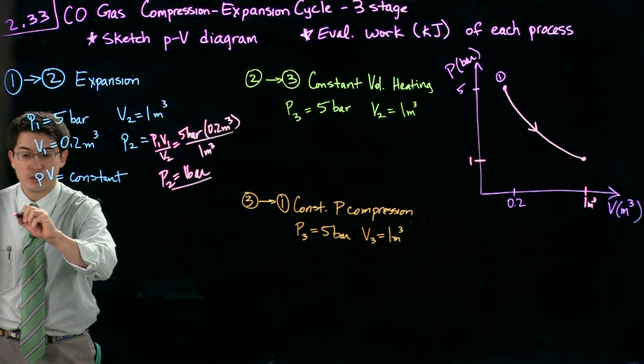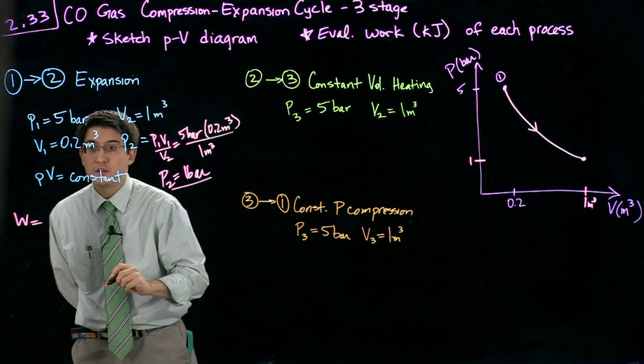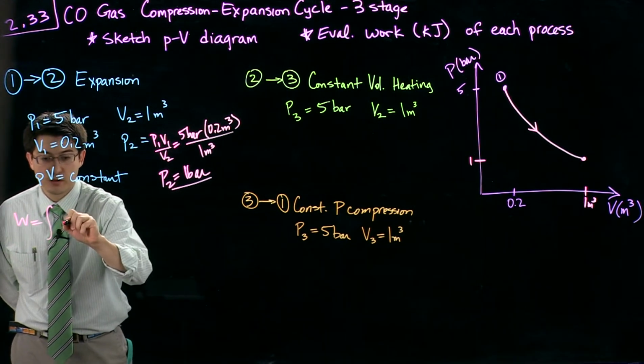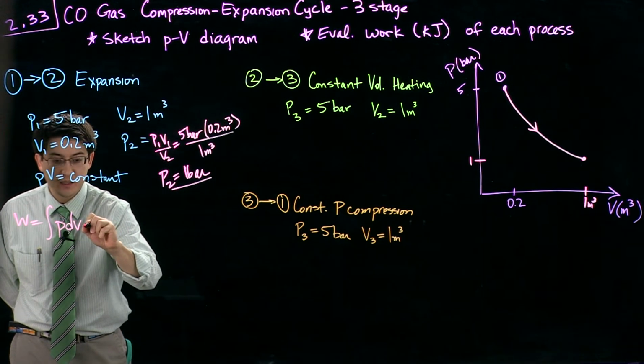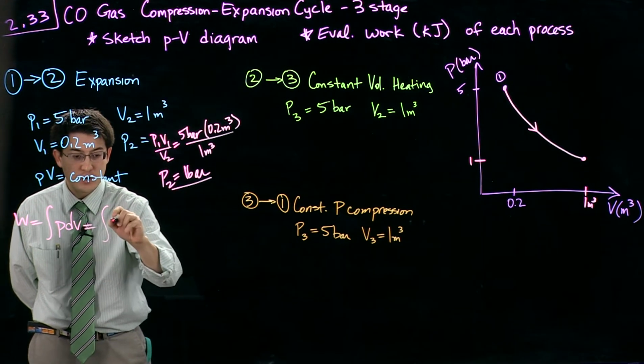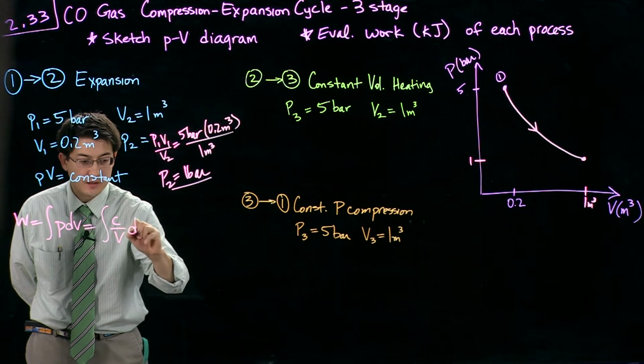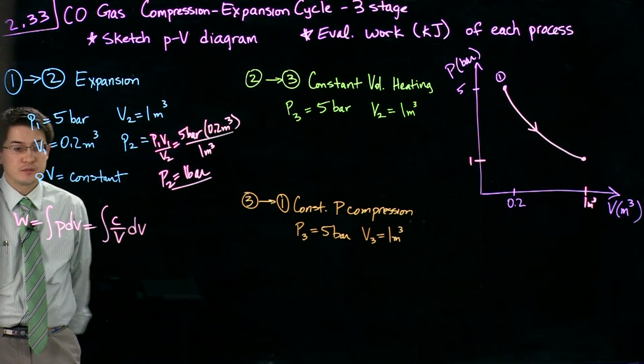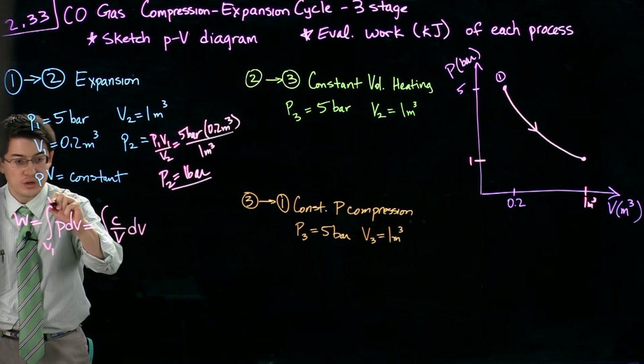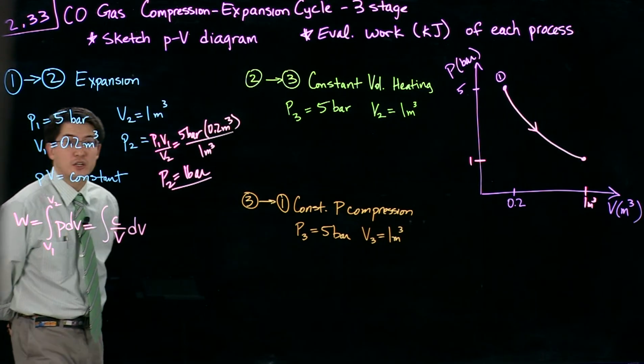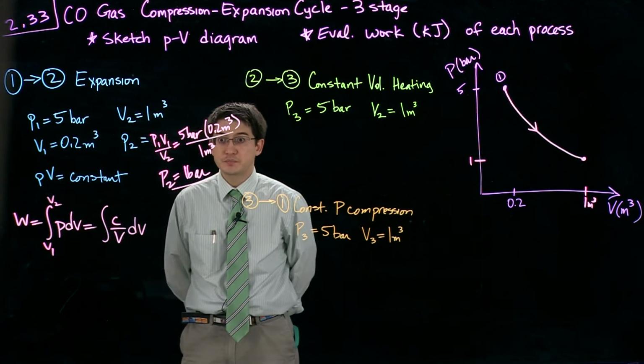We know that the work is equal to the integral of P dV. This is going to be C over V dV, from volume 1 to volume 2. Limits of integration stay through the whole thing.